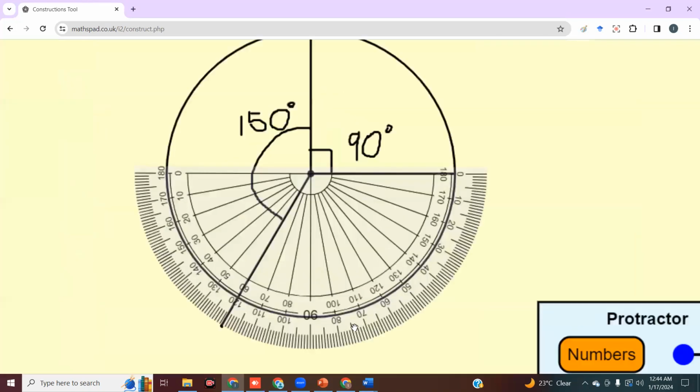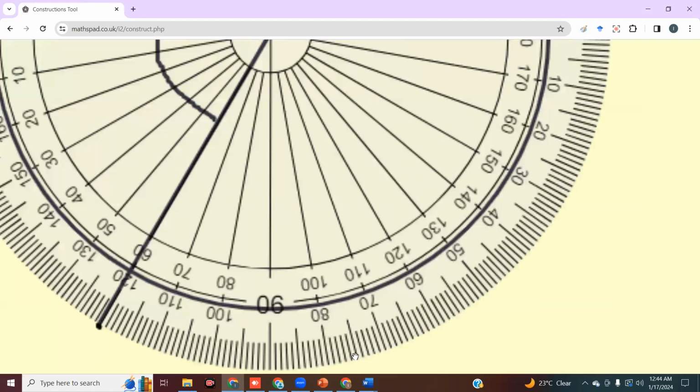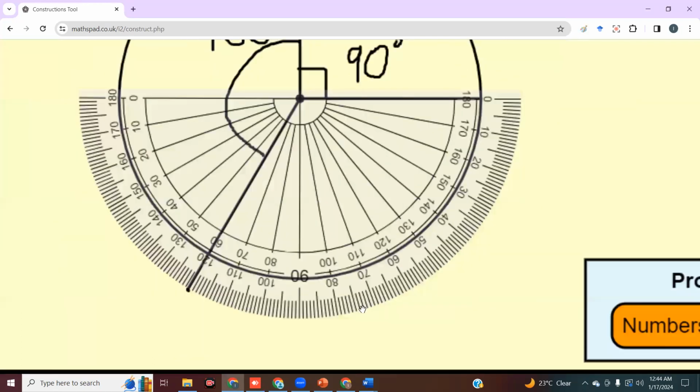This is where 75 degrees is going to be. So let me put the dot here for 75 degrees. As you can see, this is 70 and then 75 in the middle and then 80.